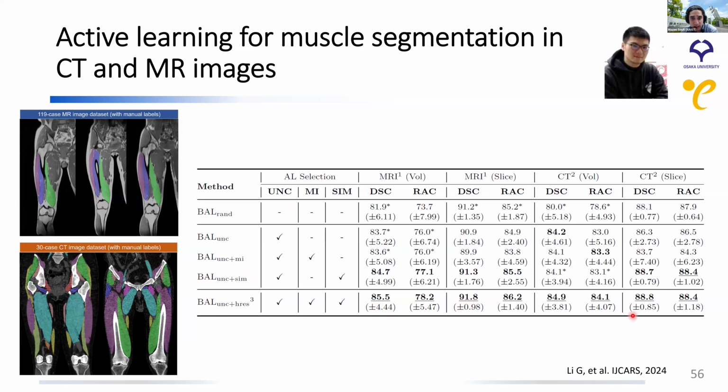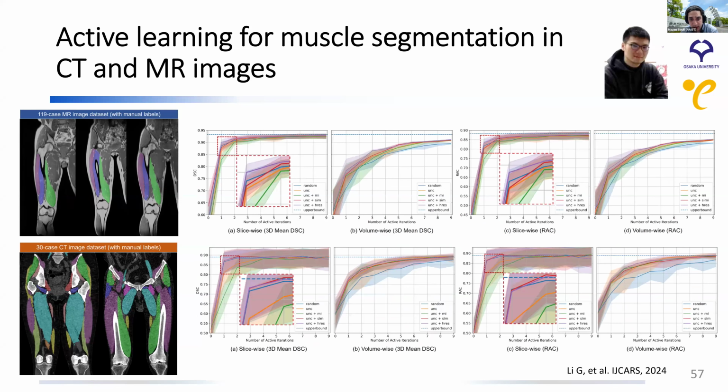And you can reach, for the CT case, an accuracy of around 88% if you are selecting based on the CT slices. That can also be noticed to improve not only the accuracy, but also reduce the time. If you are having an annotator, a medical doctor who needs to annotate these images, this would improve how much cost you are paying on this process.